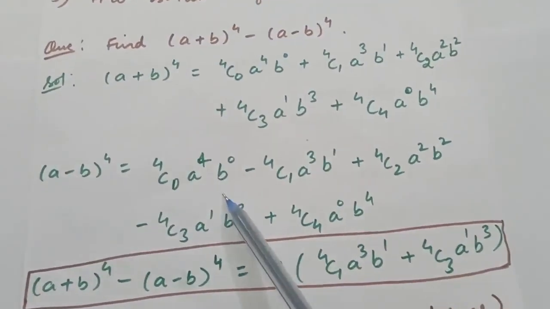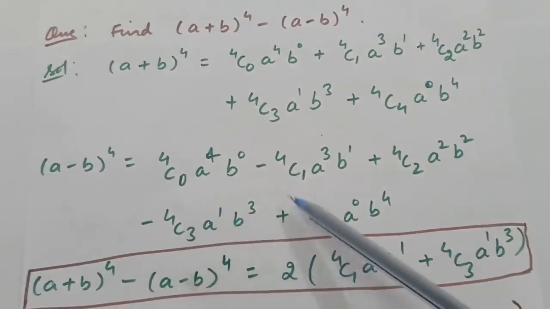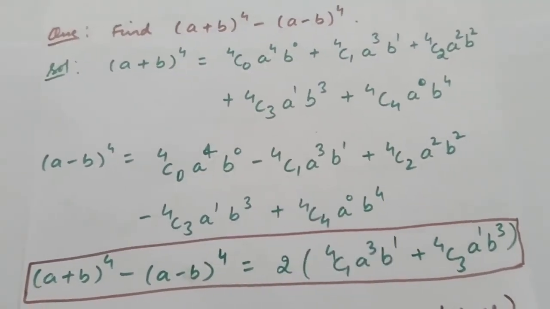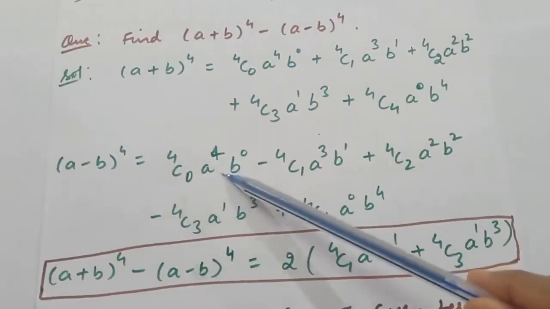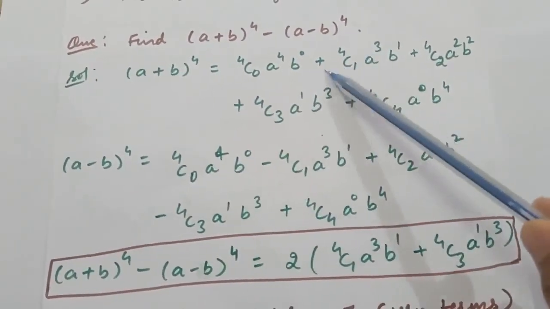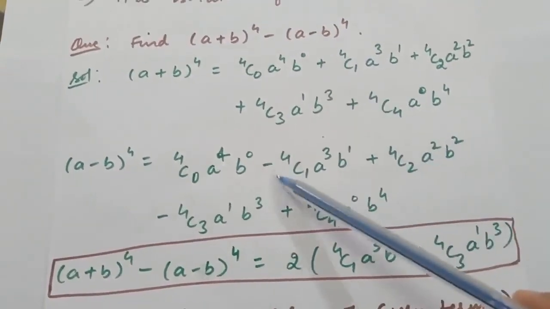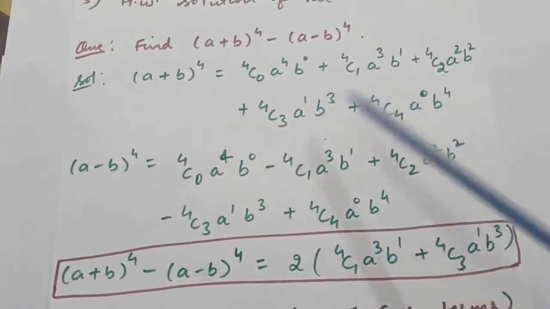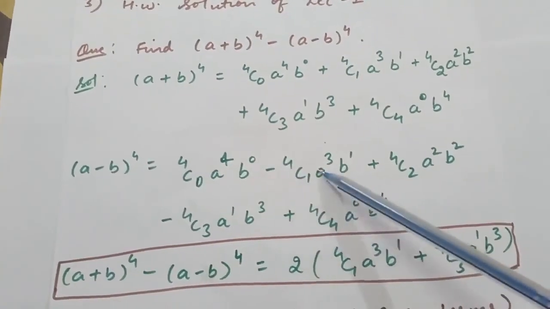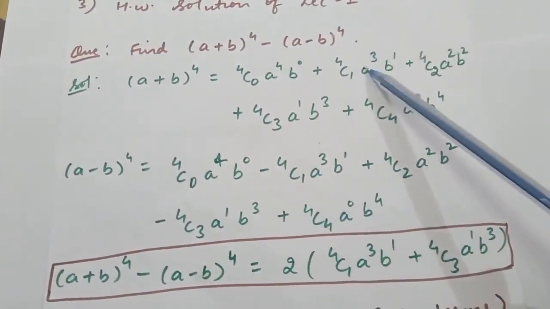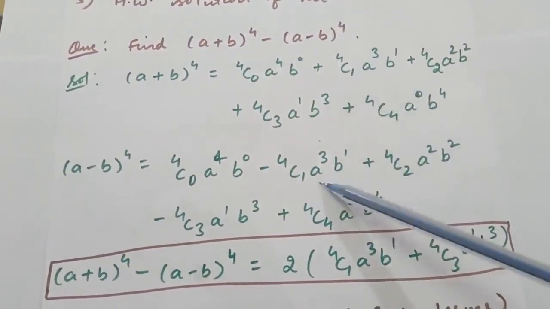So when you calculate the difference of these two, the same terms will get cancelled. Right? So this term will get cancelled with this term. This is plus and here it is minus. So when you subtract them, this minus becomes minus minus plus, so you will get twice of this term.